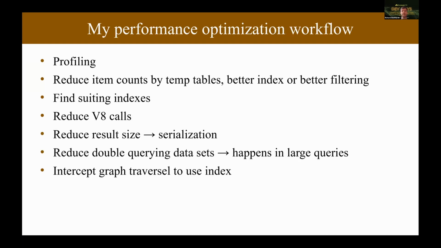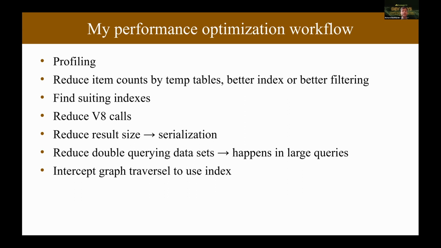So what I usually do when I try to optimize is I use the profiling, obviously, and I want to reduce the item counts and use temp tables, as you've seen. And I would always try to find suiting indexes right from the beginning. And it's good to know that from Arango 3.5, that's why I wanted to update, you can actually give index hints.